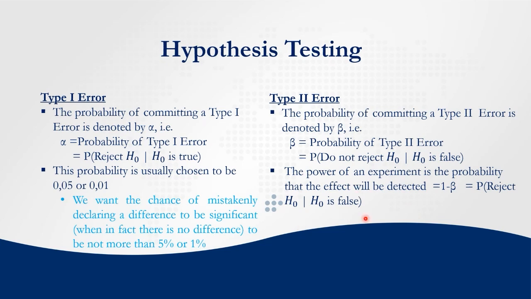And that probability is referred to as the power. It is also one of the elements that are used in sample size determination. So power is the probability that we reject the null hypothesis when the null hypothesis is false. So it is 1 minus the probability of type 2 error.